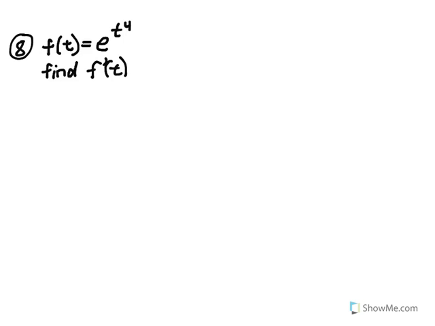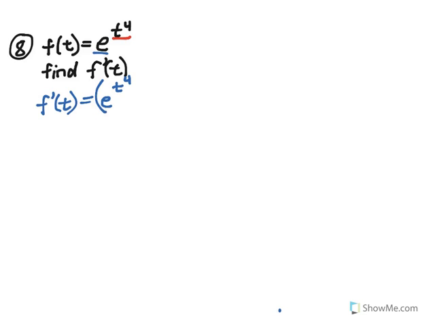Okay, so if you have a function f of t equal to e to the t to the 4th power, then your inner function is t to the 4th power, your outer function is e, and so to find the derivative, we again use the chain rule. So f prime of t, otherwise known as the derivative of f with respect to t, is the same thing as, well, when you're taking a derivative of e to the whatever, that doesn't change.